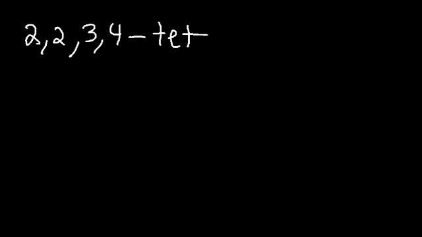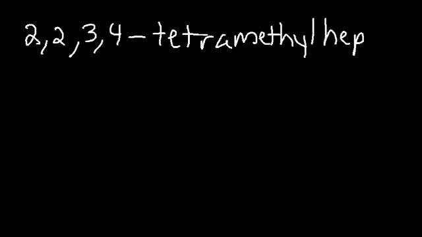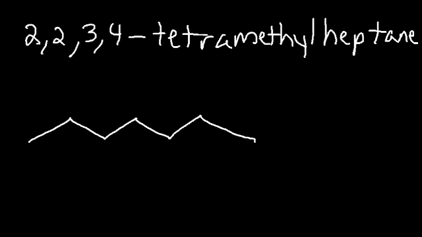Now what about this one? 2,2,3,4-tetramethylheptane. So heptane has 7 carbons. This is 4, 5, 6, 7.